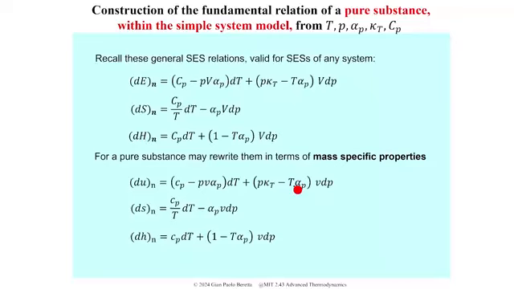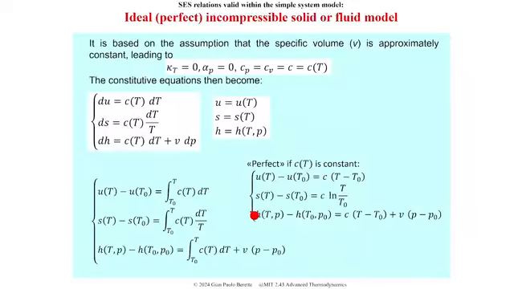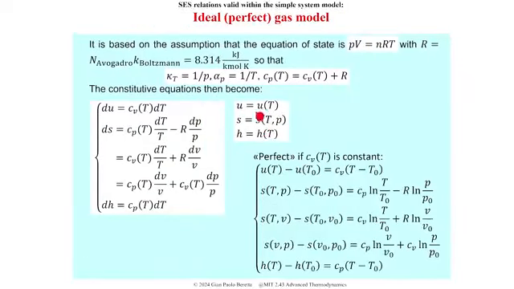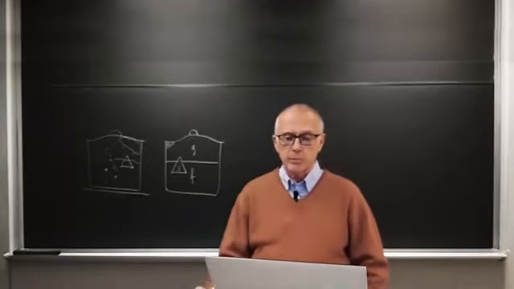Alpha is 1 over T, so T times 1 over T is 1, so 1 minus 1 is 0. So also the energy is a function of temperature only. Whereas for the entropy, alpha is 1 over T, and from that you see that the entropy, in the case of an ideal gas, is a function of both temperature and pressure.